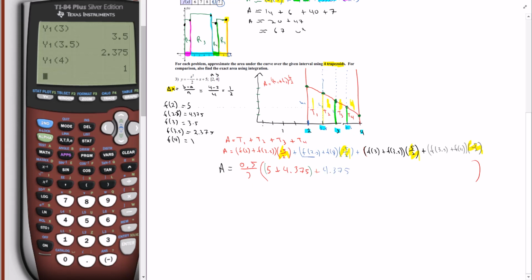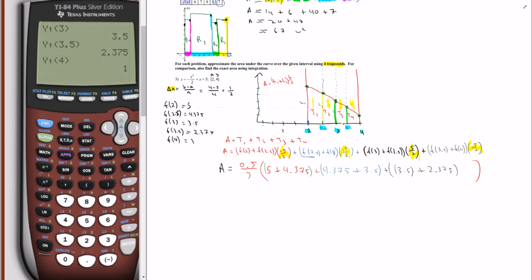Plus f of 3 was 3.5. And then we're going to add that to f of 3, which again was 3.5, plus f of 3.5, which was 2.375.